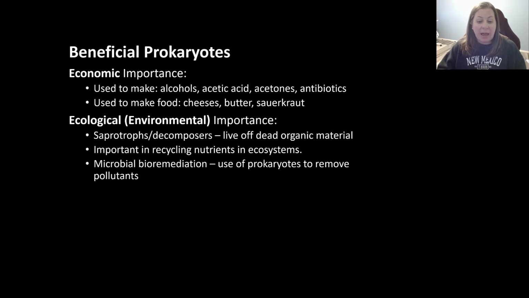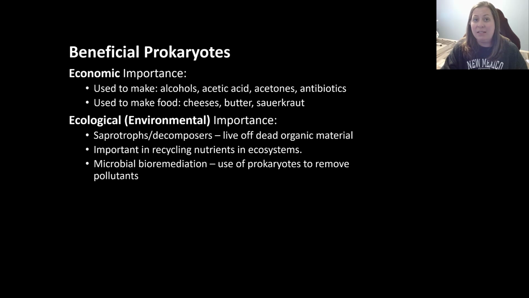We've used this for pollutants, like when we've had oil spills, they have genetically engineered bacteria that can eat the oil. Our wastewater treatment plant here in Hobbs actually uses bacteria to clean the water, to get rid of the waste. So we can use it in that way for the ecosystem.